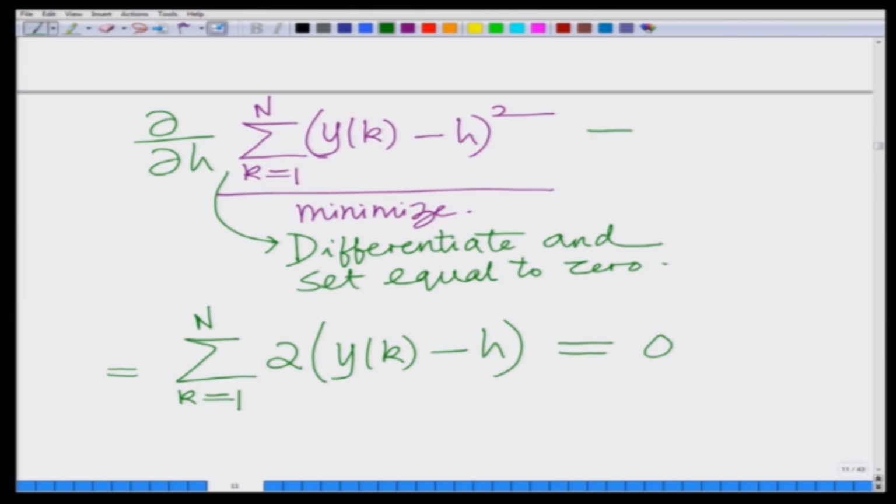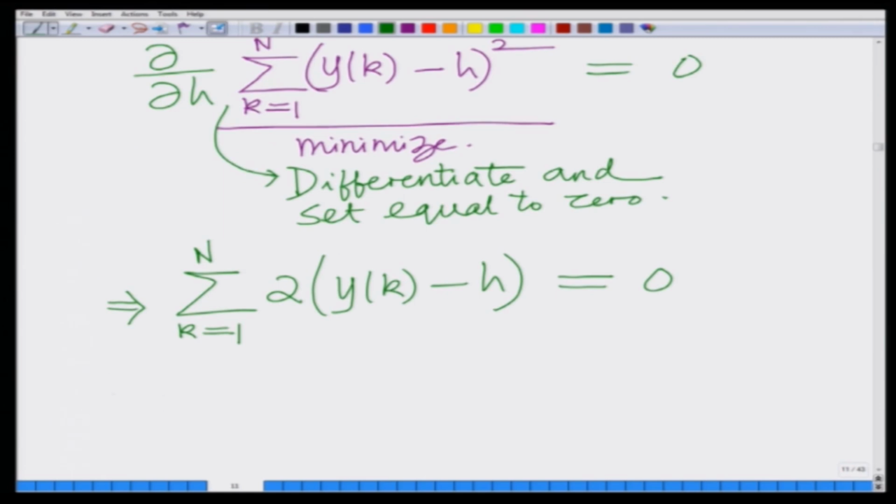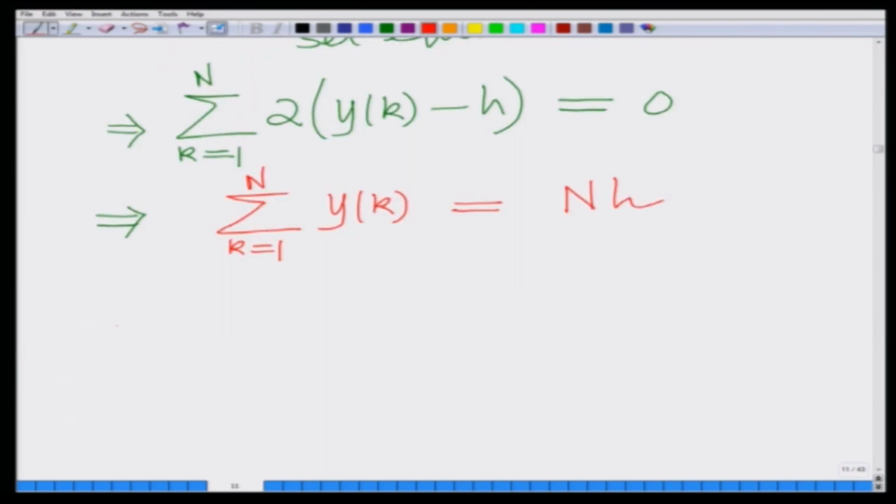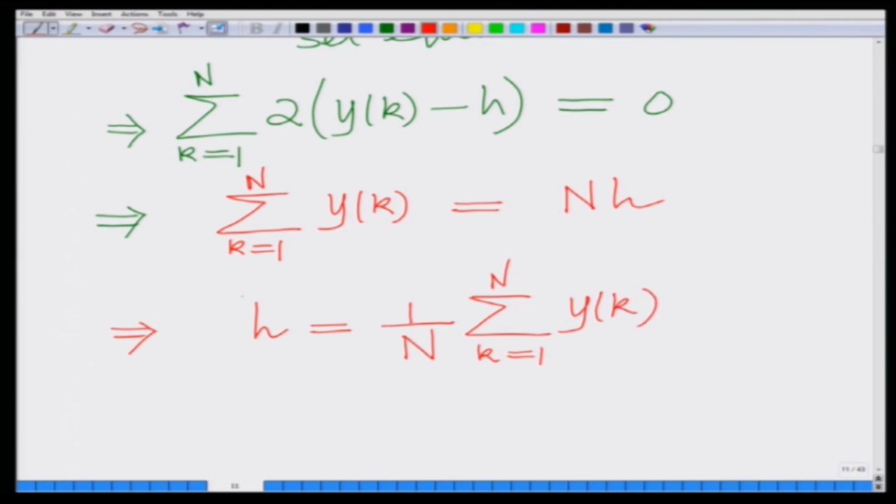That is, differentiating and setting equal to 0 implies summation k equal to 1 to n twice yk minus h equal to 0, which basically implies that summation k equal to 1 to n of yk equals n times h, which basically implies that this occurs at the value of h equal to 1 over n summation k equal to 1 to n yk, and this particular value of h is denoted by h hat.